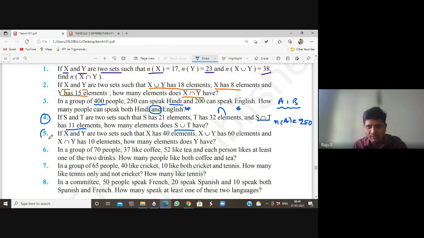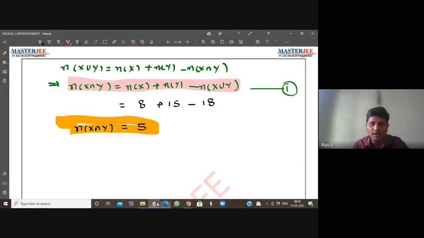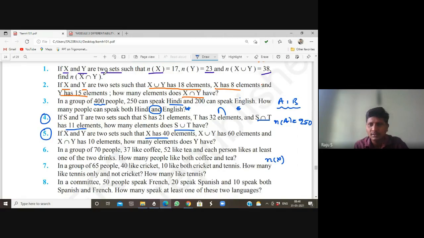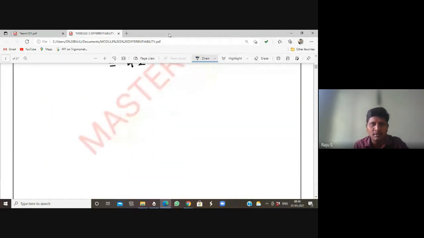Question number 5. If X and Y are two sets such that X has 40 elements, n of X is given, n of X is 40.